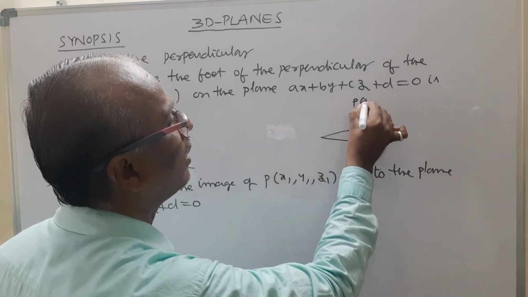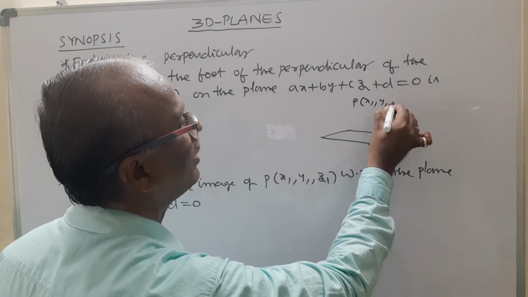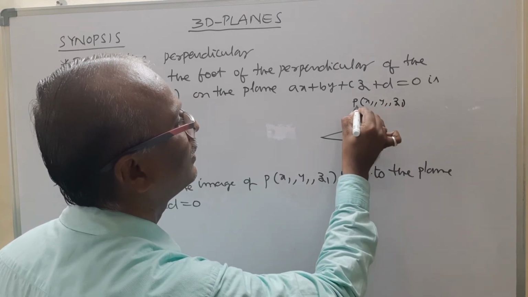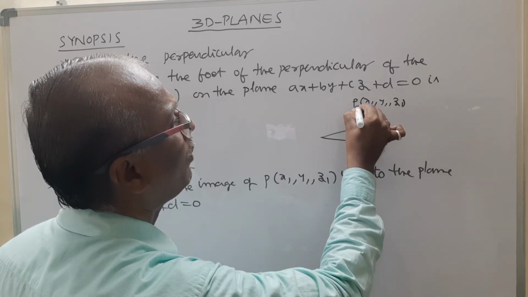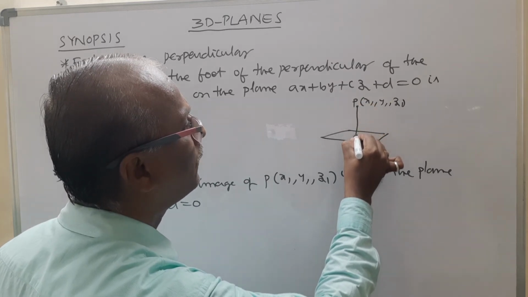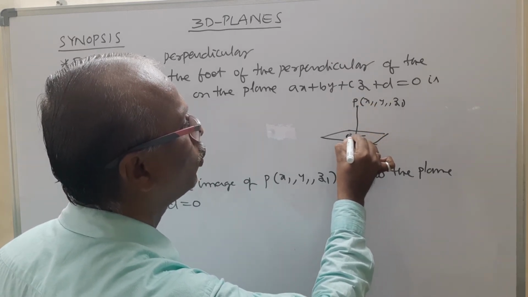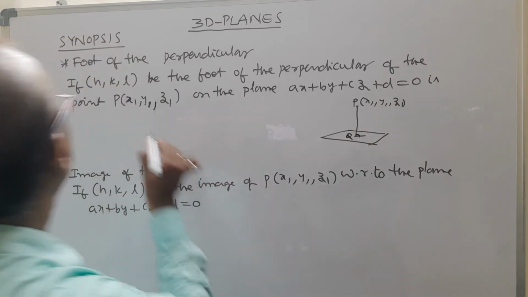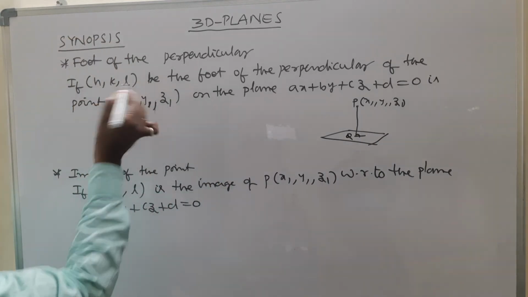If P, x1 comma y1 comma z1, is the point, the foot of the perpendicular from the point P to the plane is Q. The Q coordinates are h comma k comma l.